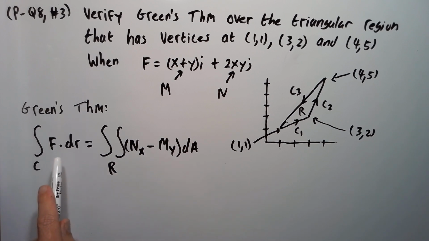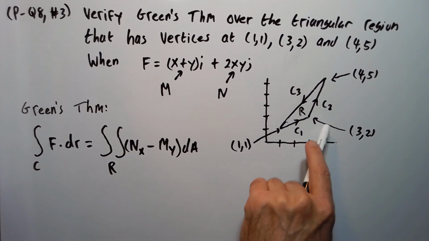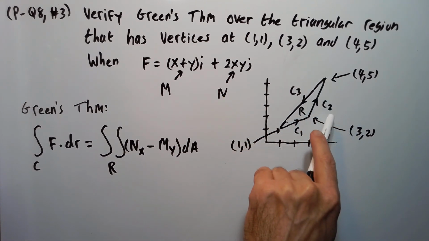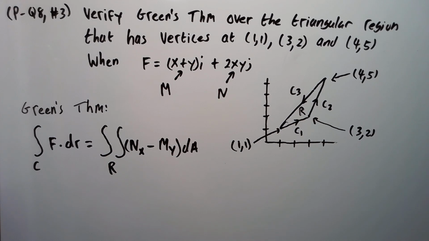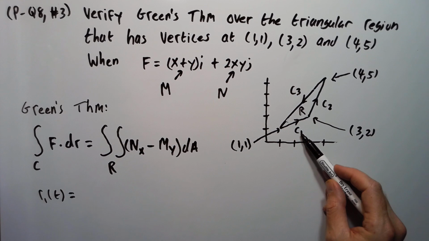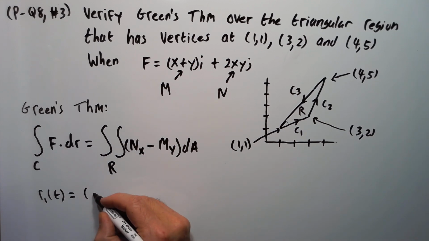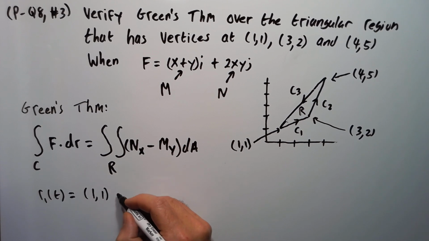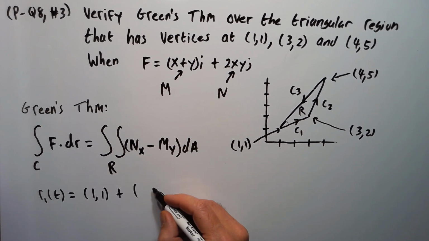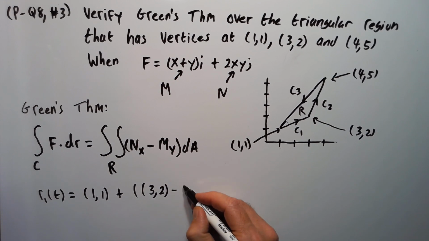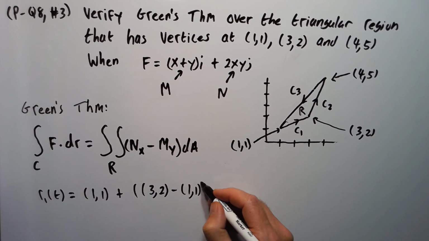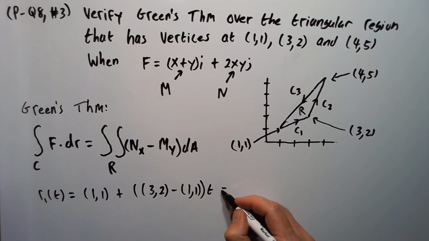So let's first do the line integral side. To do that we're going to have to parameterize C1, C2, and C3. So let's parameterize C1, let's call it r1. We're starting at (1,1). We're calling it a parameterized line: your start point plus the end point minus the start point, times t.